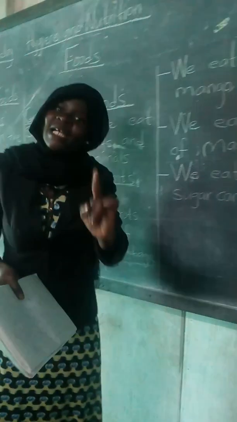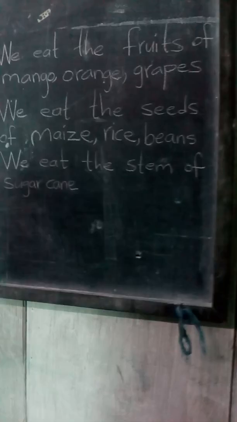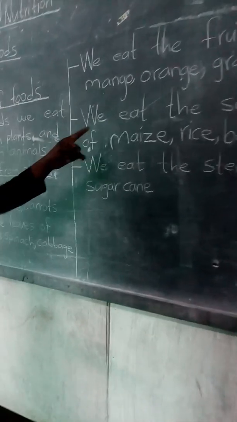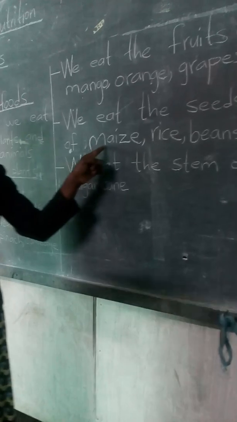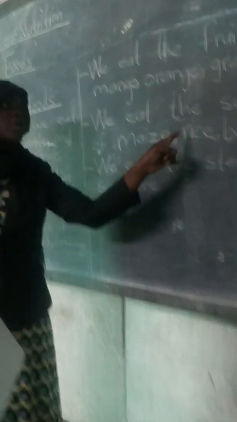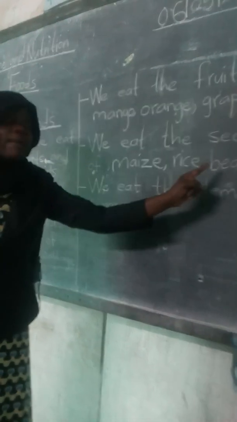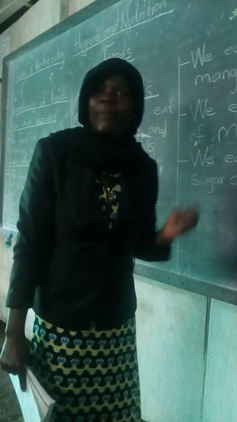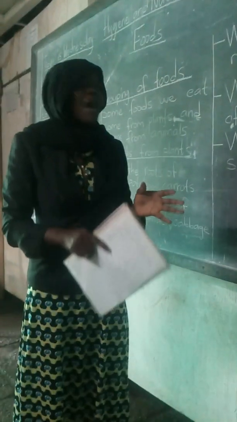Another part of a plant that we eat are the seeds. And which seeds do we eat? We eat the seeds of maize, rice, beans, green grams, millet, sorghum, and many others.